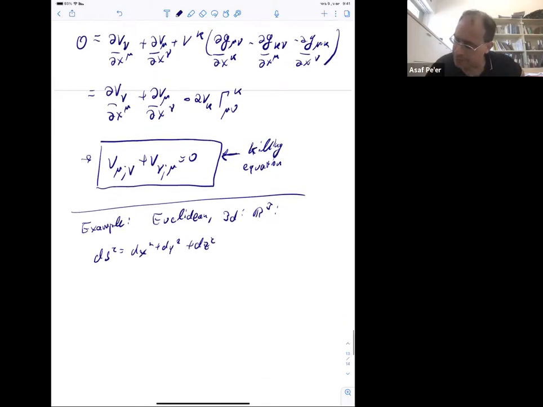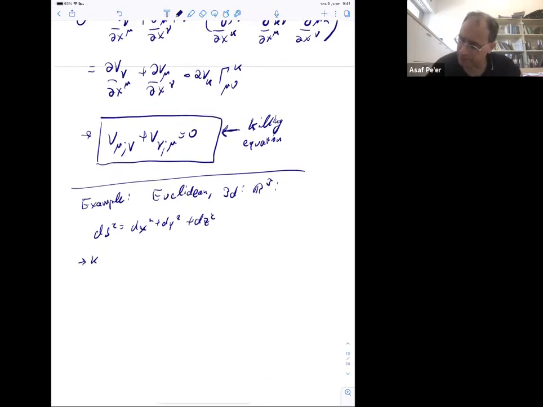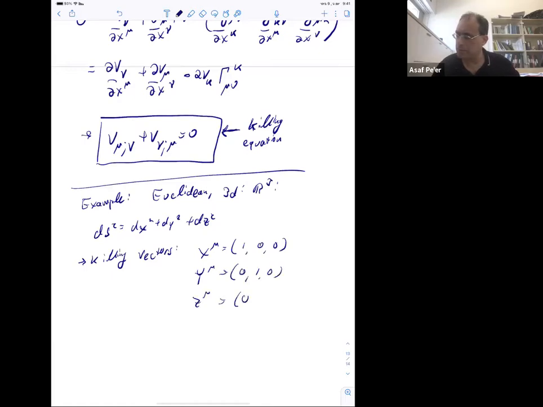So we automatically get 3 Killing vectors, which will be associated with the translations. Right? X mu will just be 1, 0, 0, y mu is just 0, 1, 0, and z mu is just 0, 0, 1.